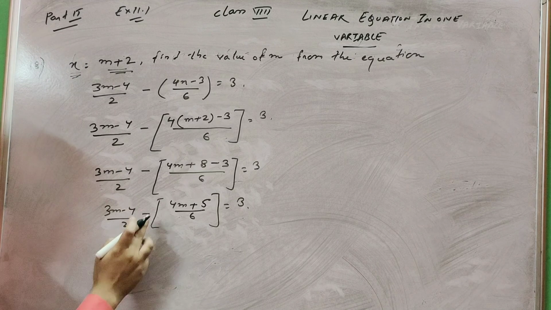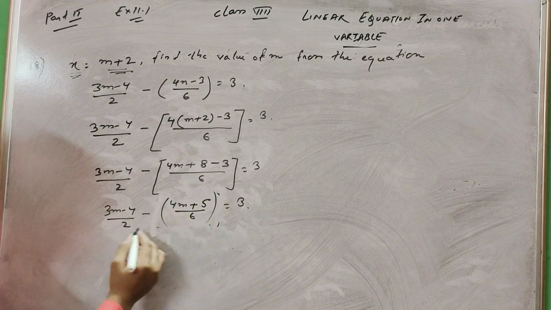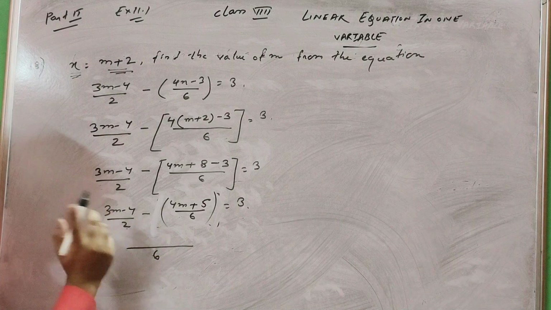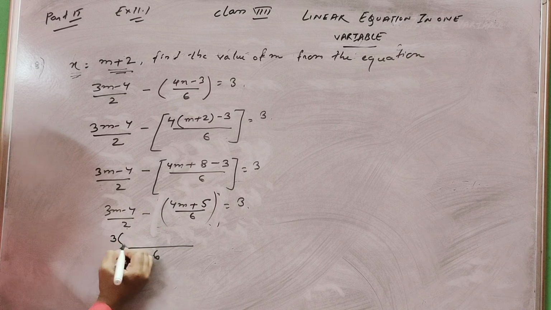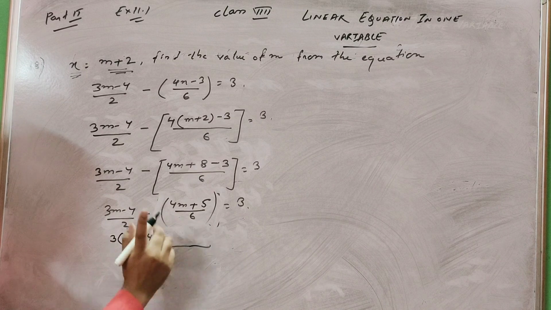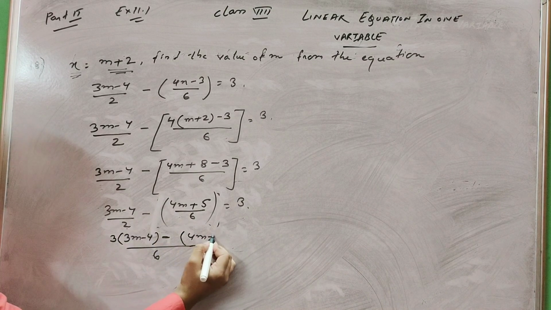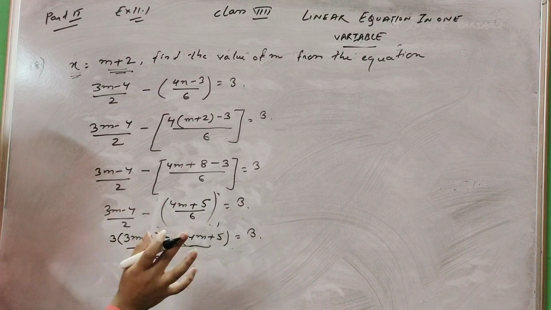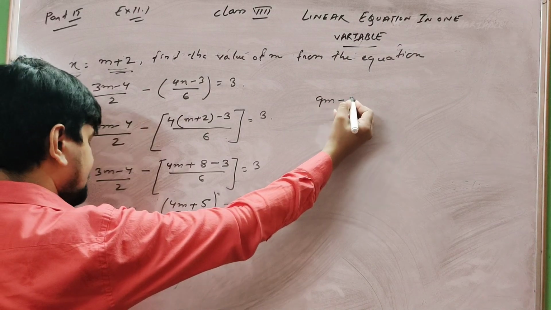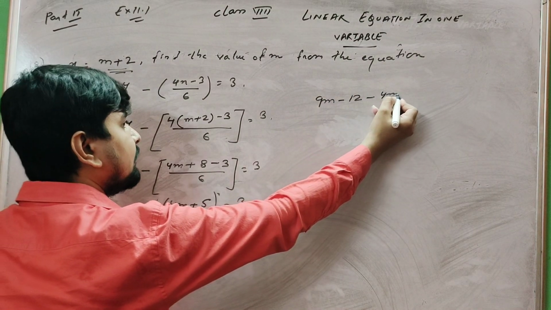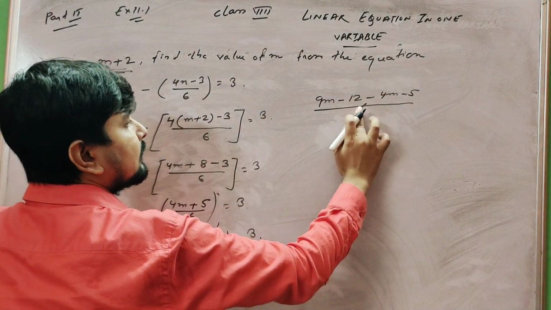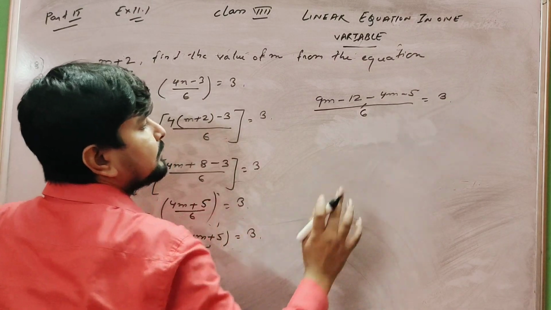When we take the LCM of 2 and 6, we get 6. So 6 divided by 2 is 3, and 3 multiplies 3m minus 4, minus 6 divided by 6 is 1, so 1 multiplies 4m plus 5, equals 3. First we open the bracket: 3 into 3m is 9m, minus 3 fours are 12, minus 4m minus 5, upon 6 equals 3.